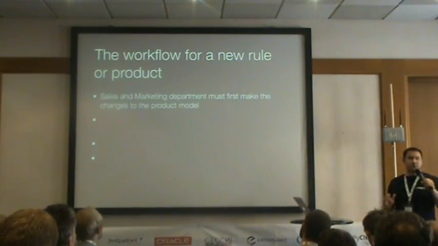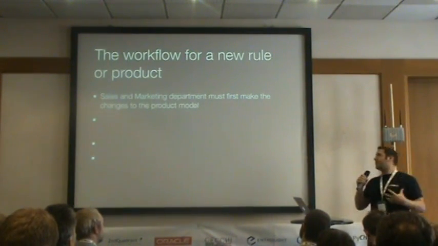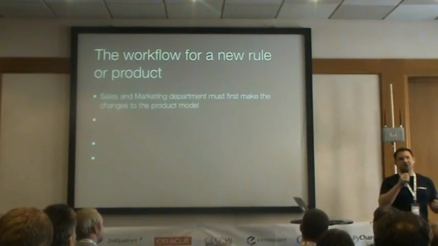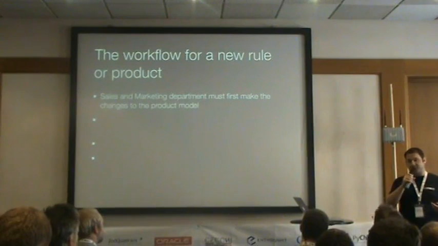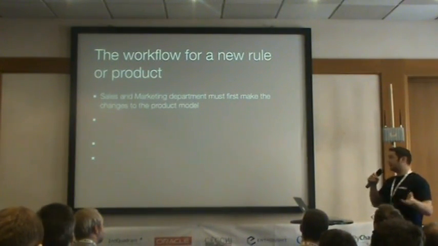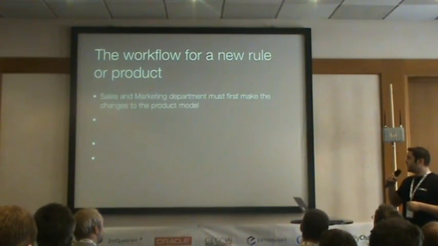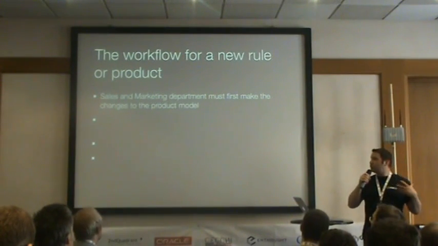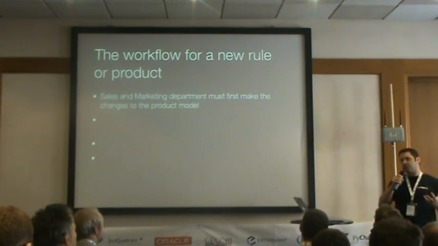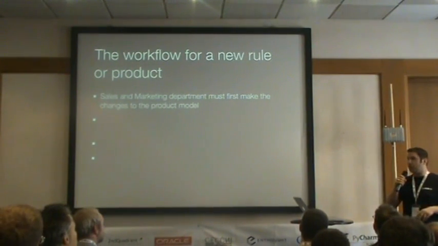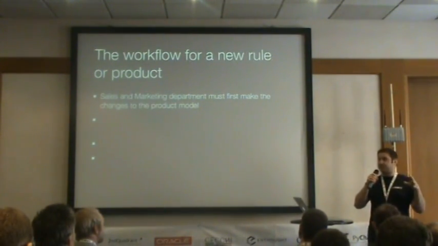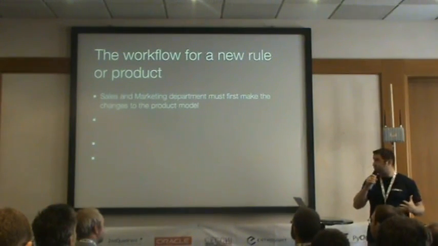So if you look at the typical workflow, product lifecycle management is a multi-billion-dollar industry. There's lots of commercial solutions out there, and many non-commercial solutions. But typically, you say, these are my rules, this is how I price things, and these are things that are expressed in the code or through something that's different and separate from the actual modeling of the product.